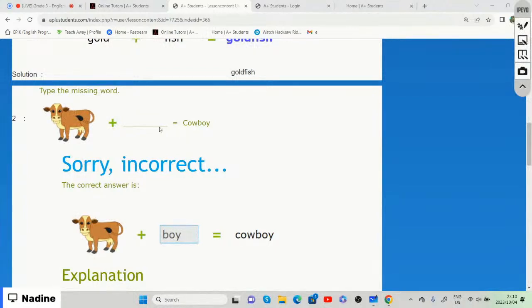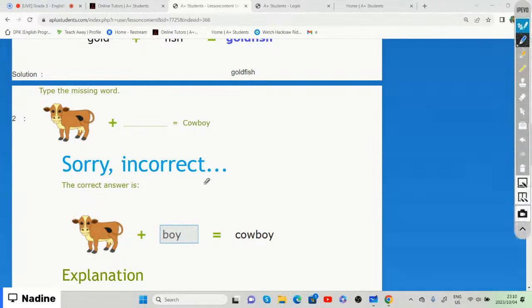So we can say cow plus boy equals cowboy. So our compound word is cowboy. There we have cow plus boy, and if we put those two words together, it is cowboy.